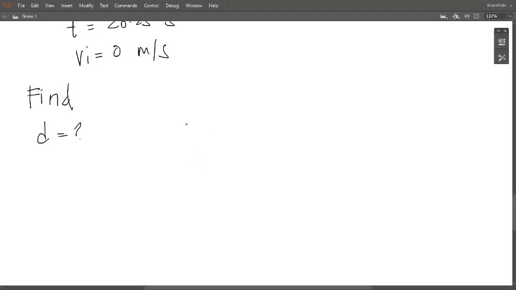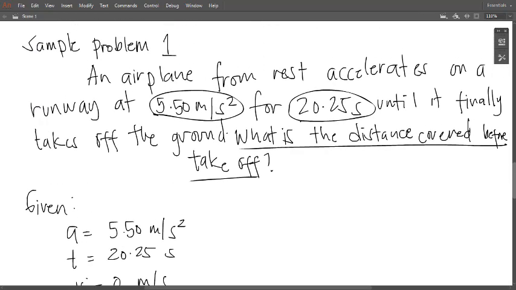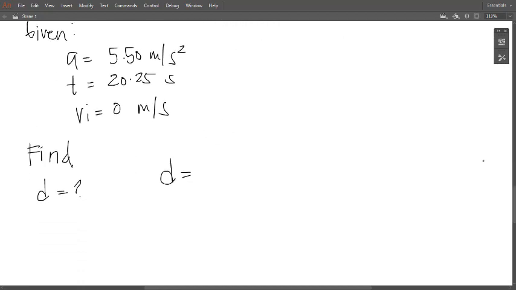The formula we might have is d equals v_i t plus 1/2 a t squared.